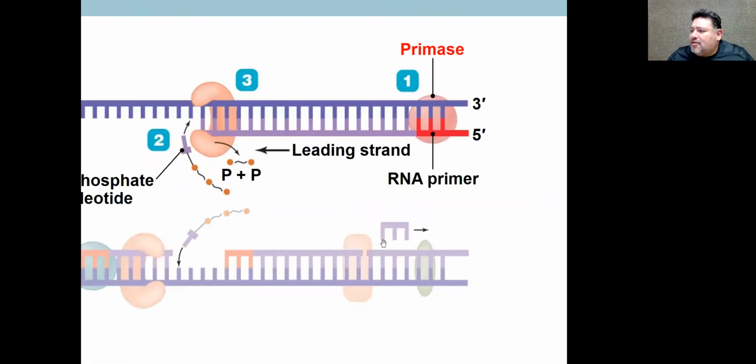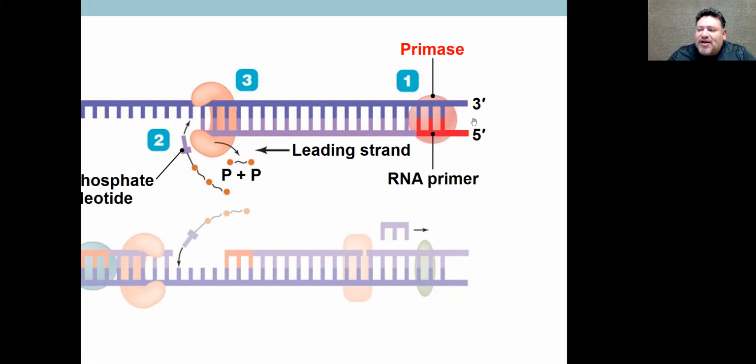This enzyme right here, called primase, has to associate with the DNA and produce a little RNA template right there called an RNA primer. The reason for this is that DNA polymerase cannot polymerize unless it has somewhere to attach to.